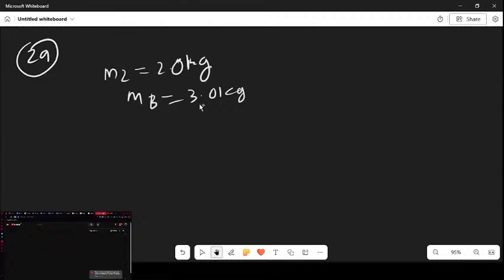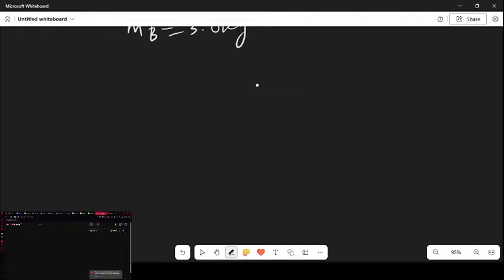In the previous problem, suppose M2 is equal to 2.0 kg, M3 is equal to 3.0 kg. I mean, this is also variable though. Never mind, 29th is okay. We'll do the 29th.